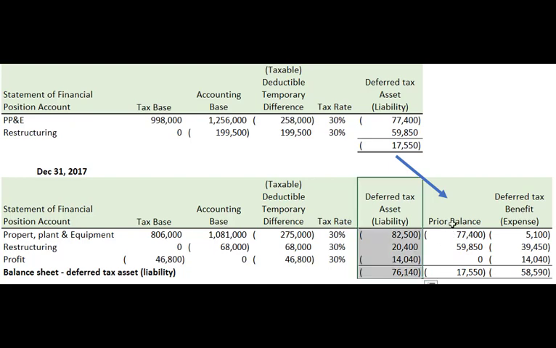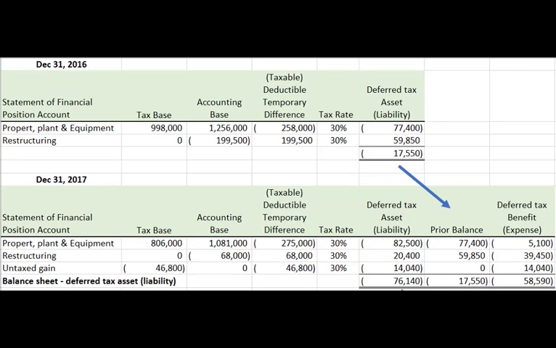At the beginning of the year, or at the end of last year, the amount showed as the deferred tax liability was only $17,550. So we have to figure out what amount we're going to adjust the deferred tax liability account by. Keep it really simple. The difference is we want to end with $76,140.